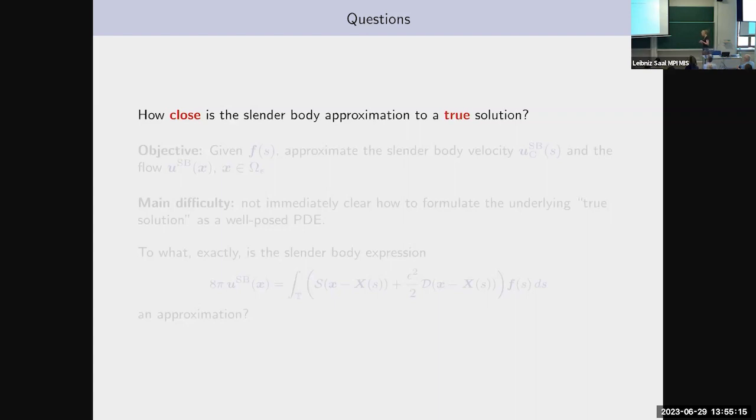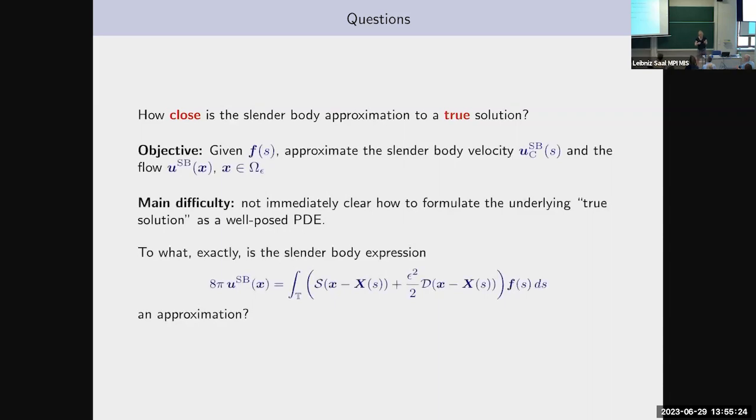It's a little bit murky to define this at first, because at the outset, it doesn't look like we should have a well-posed boundary value problem here, because the data that we're given is just this force density F that's prescribed along a one-dimensional curve. Somehow, given just this data along a curve, we want to be able to solve for the fluid velocity in 3 dimensions around the filament, as well as the velocity of the filament itself.